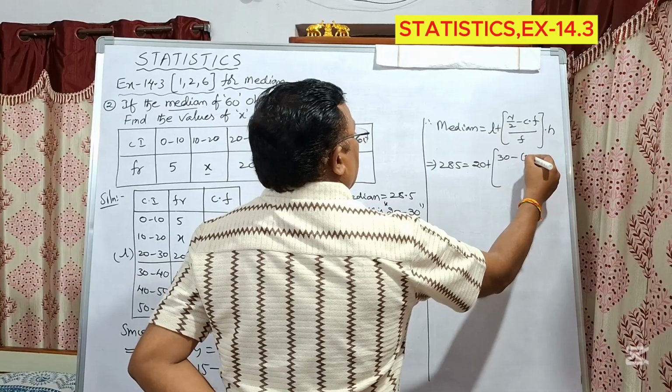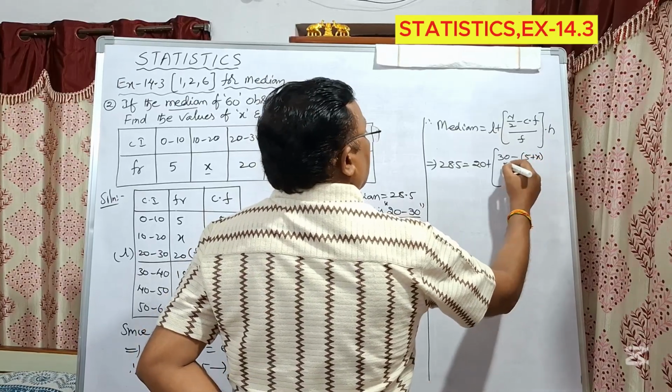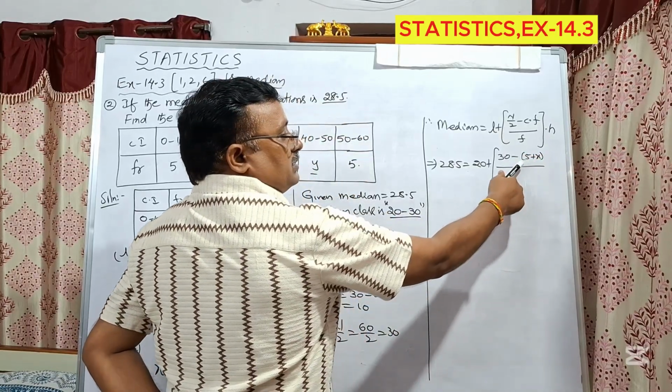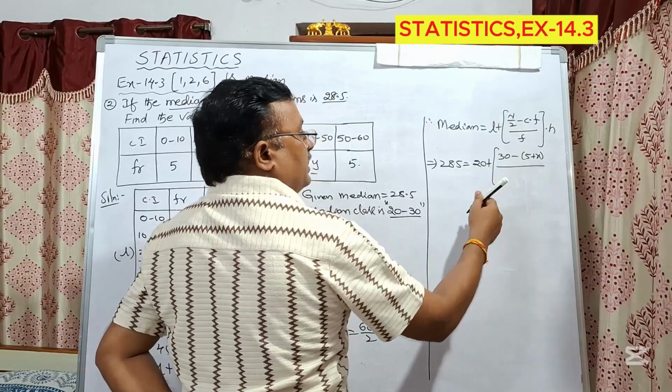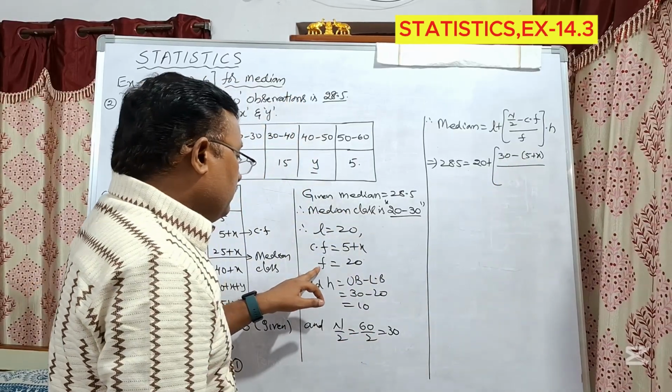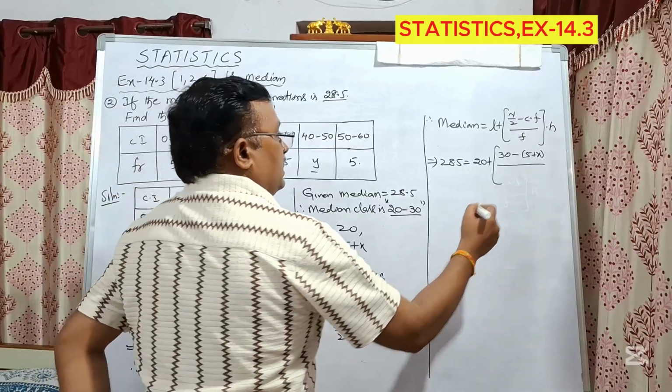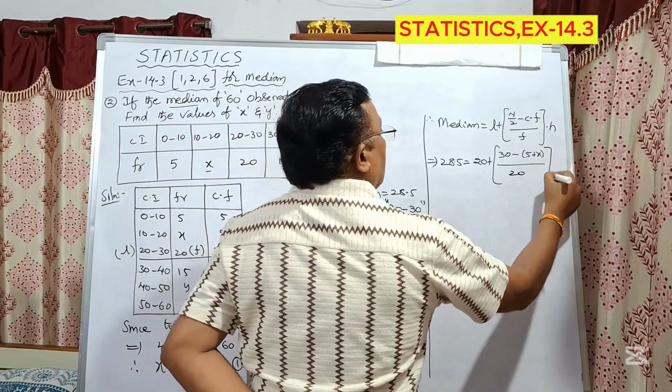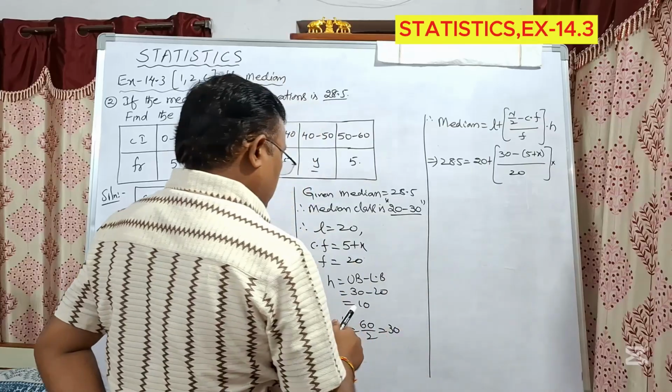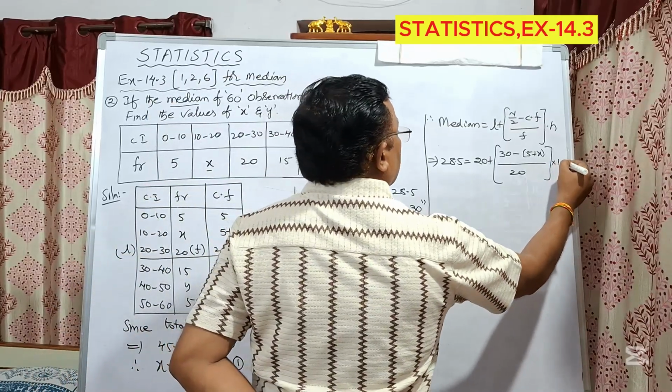Two terms are there, so use the bracket, don't miss it. So minus of (5 plus x), divided by the frequency of the median class, small f value 20, into h equal to 10.